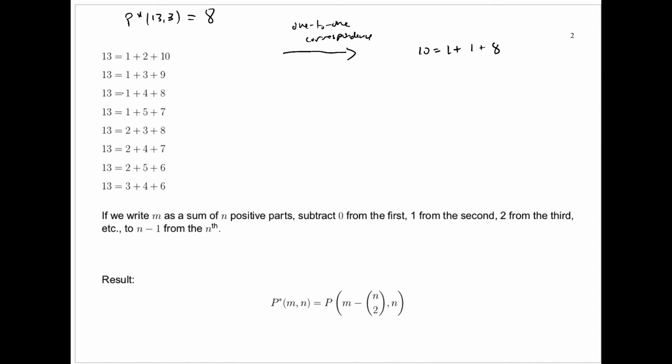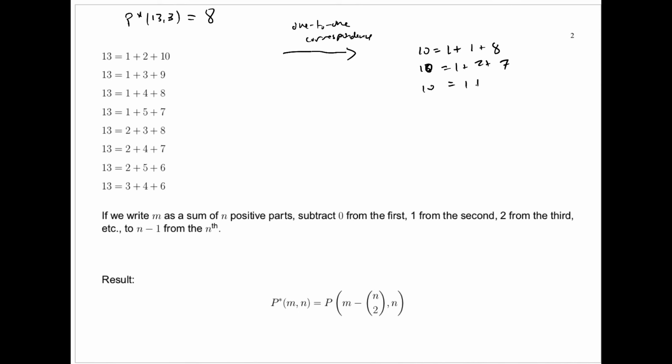If I do that same procedure with each and every one of these ways to write 13, I'll show you what we get. I would get 10 now because I'm going to subtract 1 from the second integer and 2 from the third. I get 10 equals 1 plus 2 plus 7.